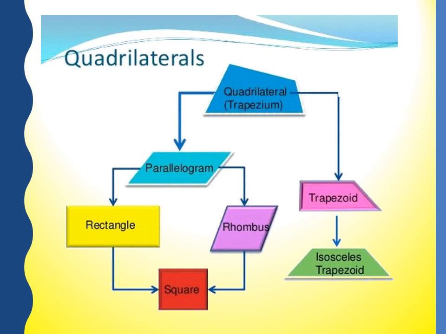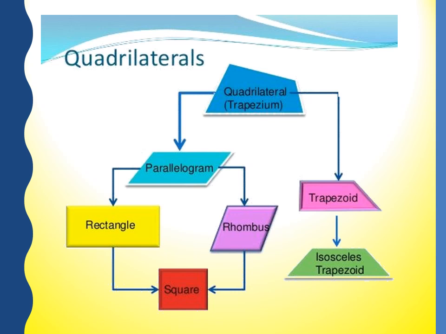And the last and most special quadrilateral is the square. The square has all the previous features. When the rectangle has four equal sides, it turns into a square, and when the rhombus has right angles, it turns into a square.